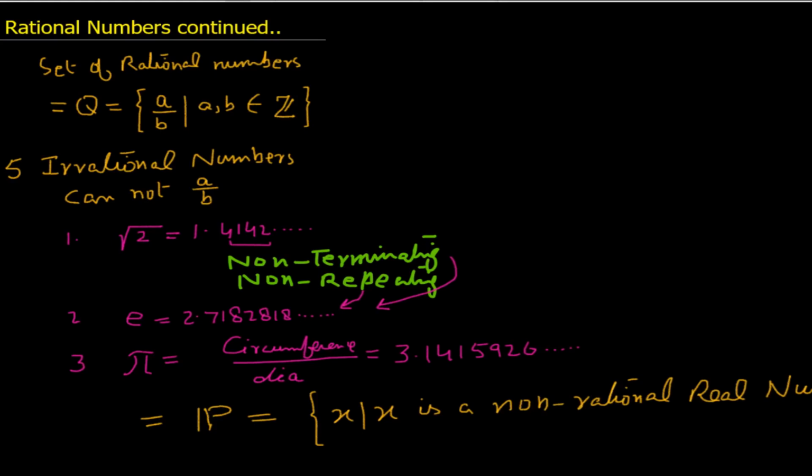So there is no other form of numbers. All real numbers must be either a rational number or an irrational number, non-rational number. So real numbers are of only two types, rational and irrational.